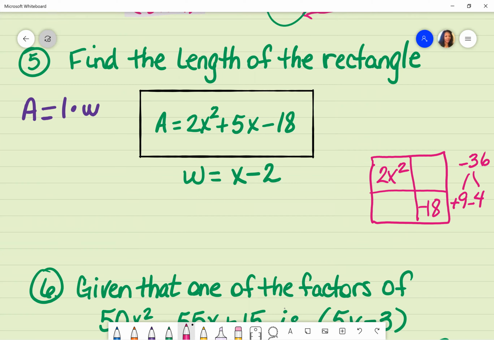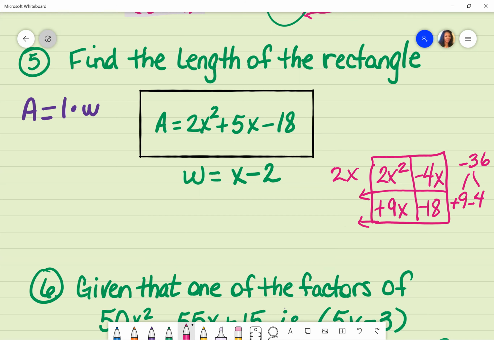It does not matter which position that I put the 9 and the negative 4 in. I can put the negative 4 here, or I can put the positive 9. What I have to remember is whatever that variable is, I have to include it. So plus 9x. Going to the left, I want to take the greatest common factor between that first row, which I can look at it and I see that it's going to be 2x.